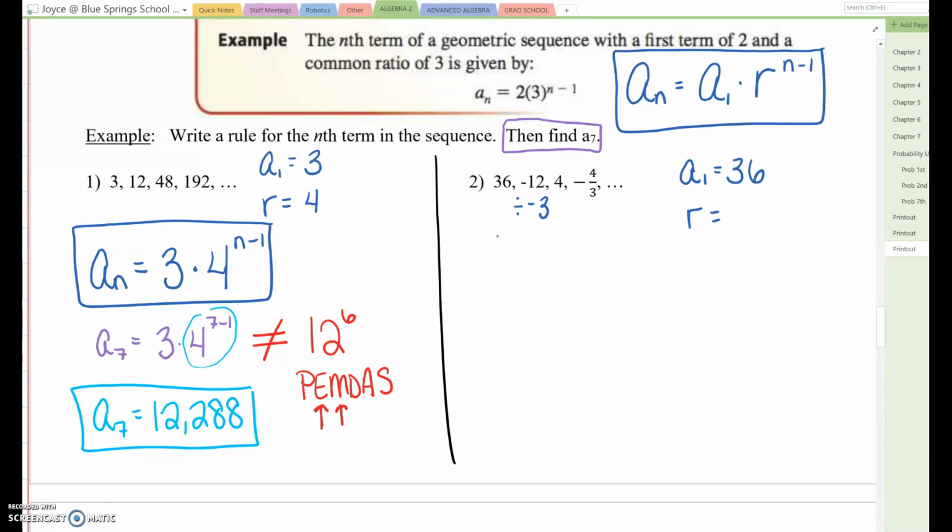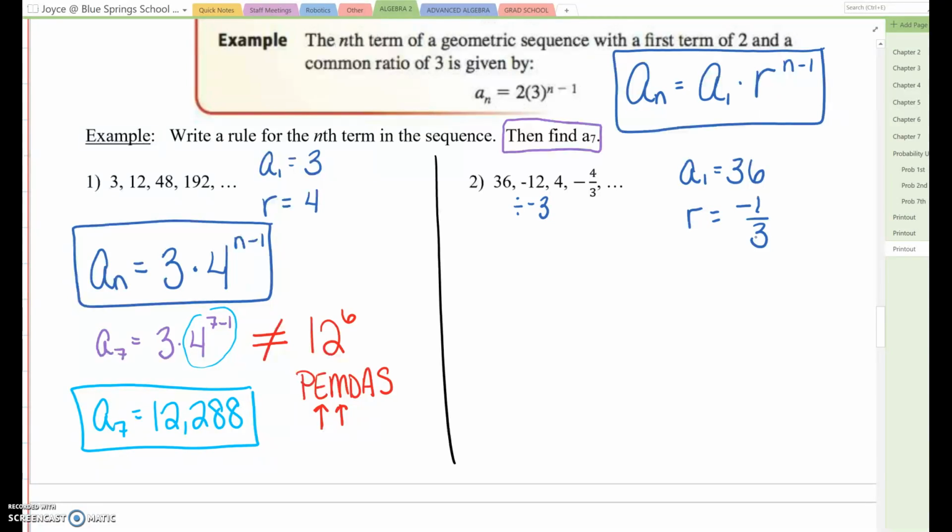So 36 divided by -3 would be -12. -12 divided by -3 would be +4, and so on. When you're multiplying or dividing by a negative, you're going to see that negative, positive pattern. Now, our R value has to be multiplication, so our R value is -1/3.